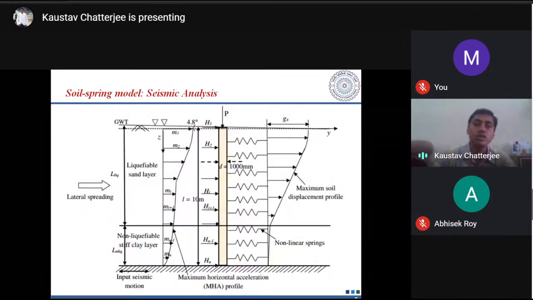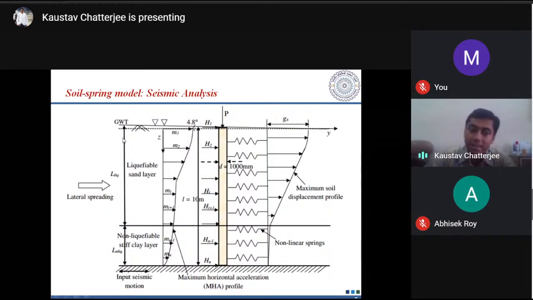So now I go to the typical soil spring model that I have considered for my present study for the seismic analysis. I have a pile of total length 10 meters. Okay. This pile is embedded in a two-layered soil deposit. The top layer is a liquefiable sand layer, and the bottom layer is a non-liquefiable stiff clay layer.